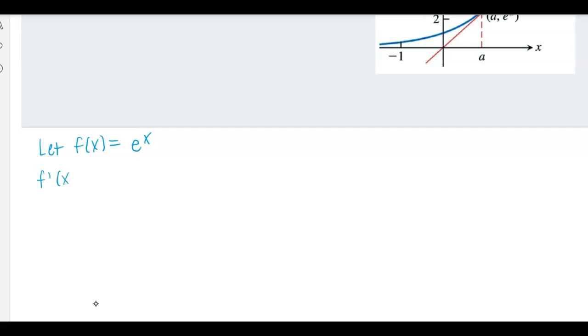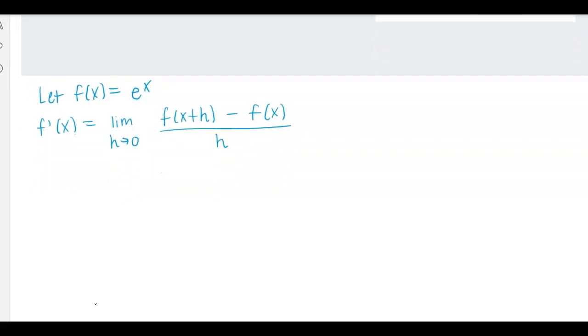Then to find the derivative, let's take the limit as h approaches 0 of, so we'll plug in f of x plus h minus f of x over h.